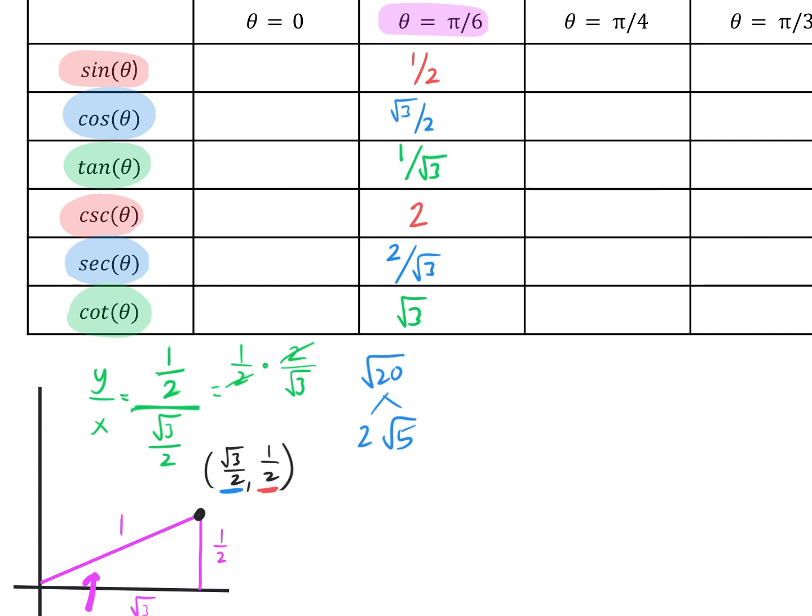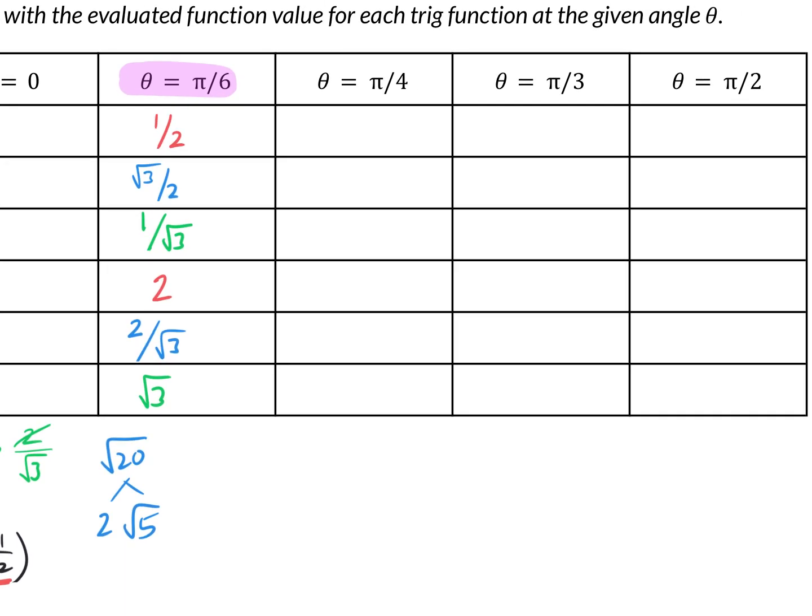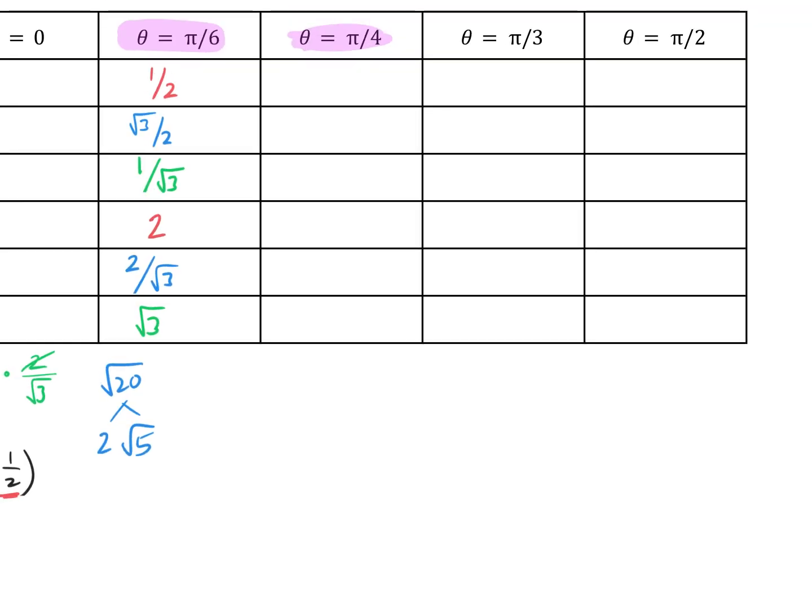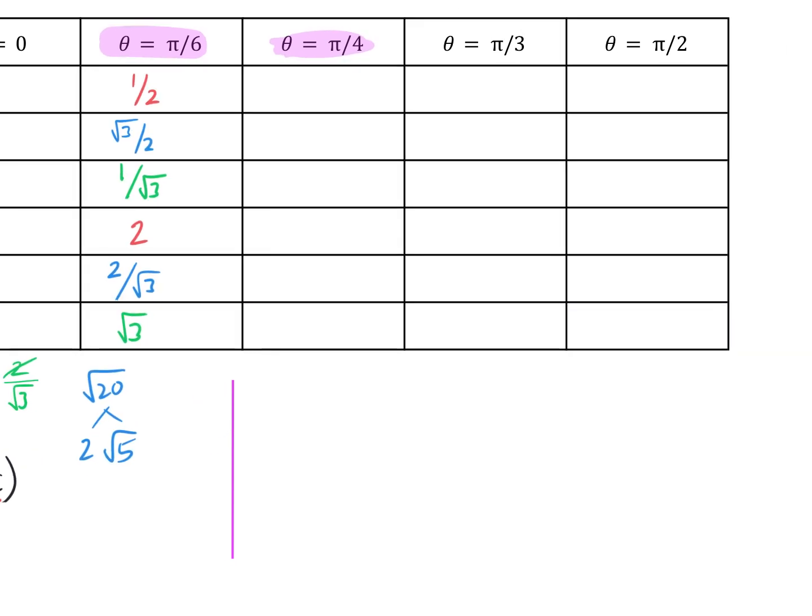Okay, let's try pi over 4 next. So I'm going to draw myself a picture of what pi over 4 looks like. Pi over 4 is going to be exactly in between in that first quadrant there.